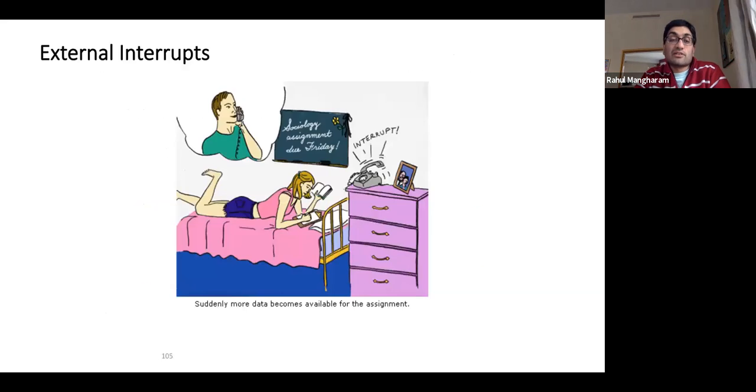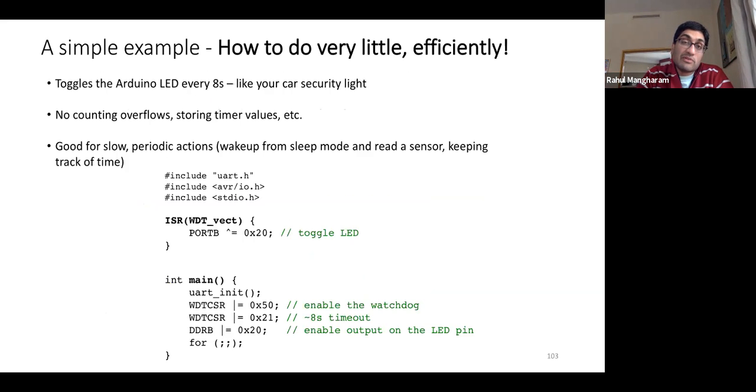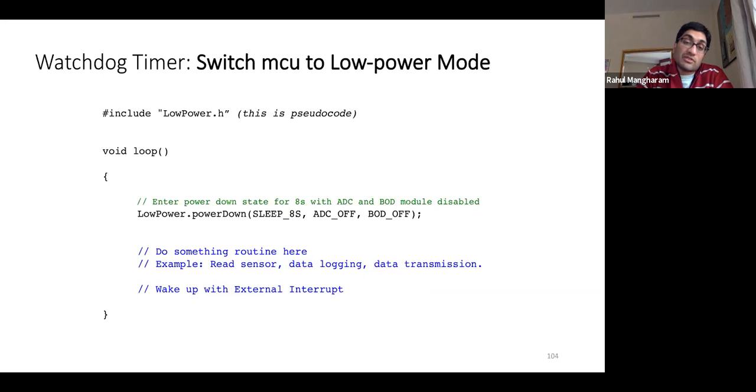So that's going over watchdog timers: you can use them to prevent the system from getting stuck, you can use them as a simple timer, and you can use them to take power naps. In this case we're calling this low power function, which lets it go to sleep and turns off peripherals, and then we can do something else and wake up with an external interrupt.